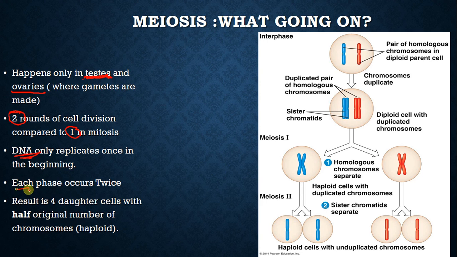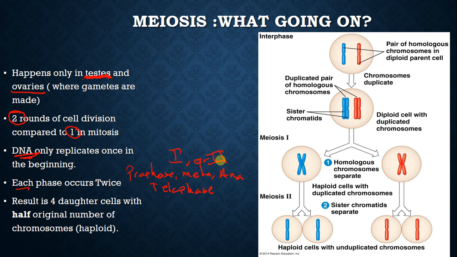So each phase occurs twice. Prophase, metaphase, anaphase, telophase. They all occur twice. And we use little Roman numerals 1 or 2 to represent which prophase we're in.